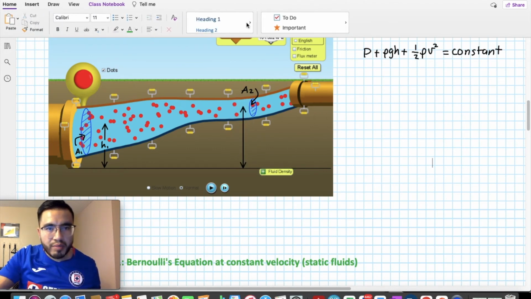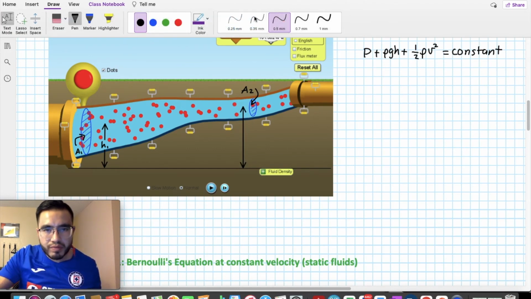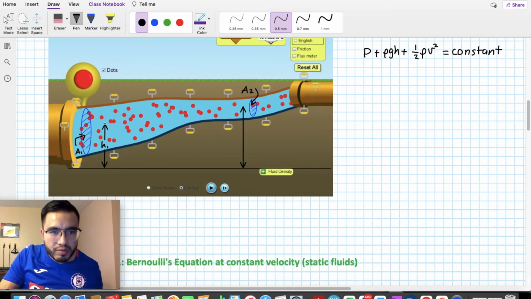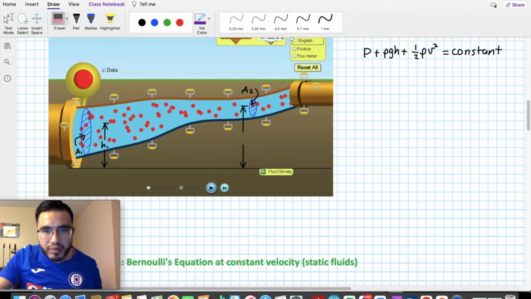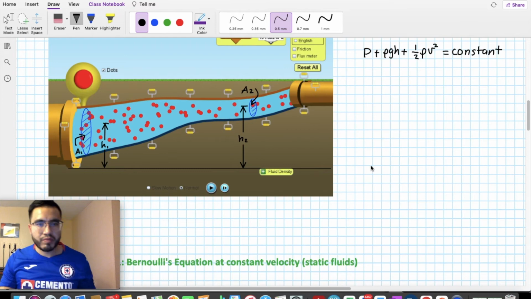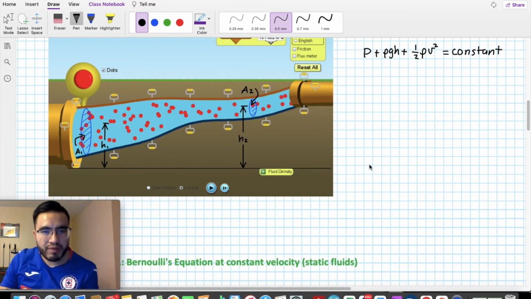I need to add endpoints, right? H1 goes from here to the reference line. H2 goes from here to the reference line. So now we have 2 different heights. This is H2. Okay. Not only do we have different heights, but we also have different velocities, right?